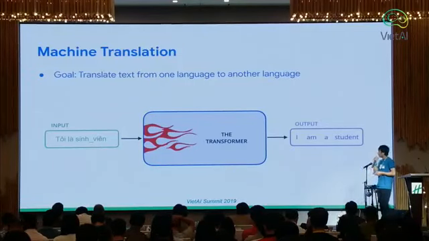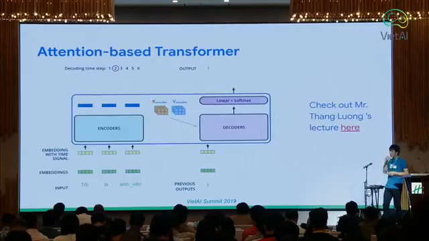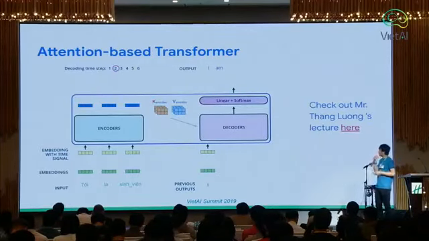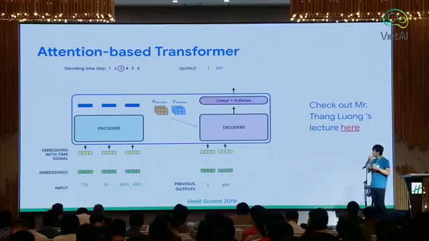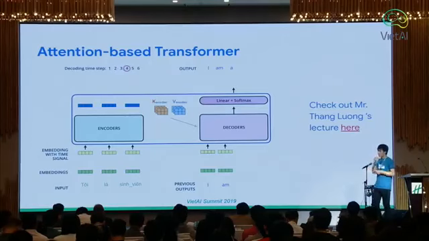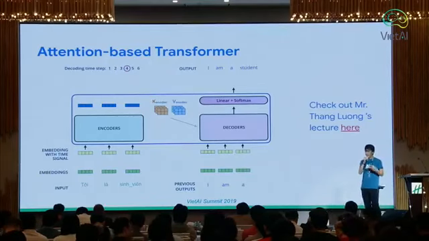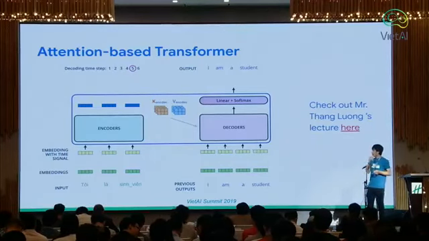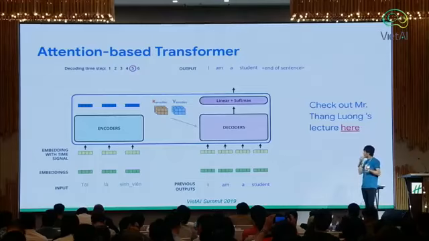I will not go into the detail about the transformer here, but you could imagine that the transformer consists of two parts, the encoder and the decoder. The transformer takes the input sentence and encodes it into a vector, and then that vector is fed into the decoder to generate the output sentence.